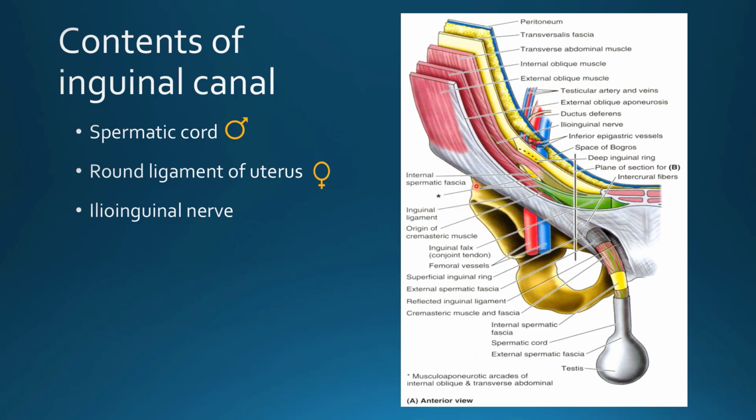As we know, neurovascular structures are between the second and third muscle of the anterior abdominal wall. You can see a nerve here, that is ilioinguinal nerve, which is between internal oblique and transverse abdominis and running towards the canal, and which is within the canal. These are the contents of inguinal canal.